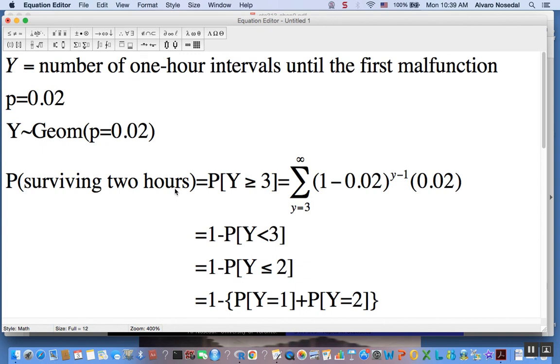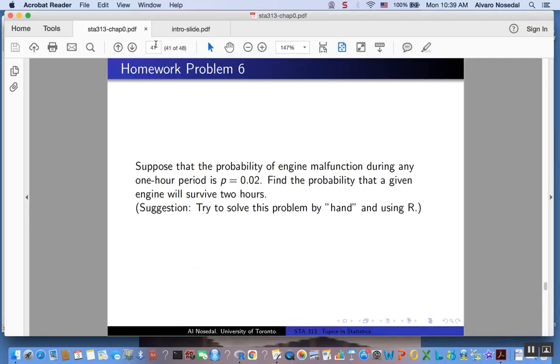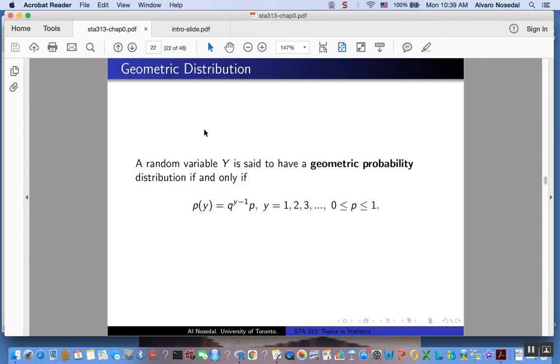The usual way of thinking of a geometric distribution is the number of trials until your first success, and that's what we had here.